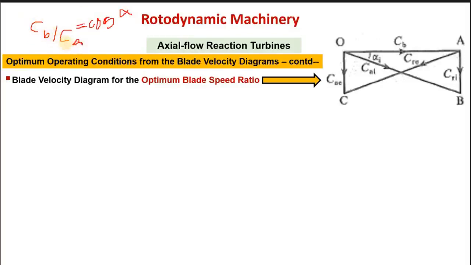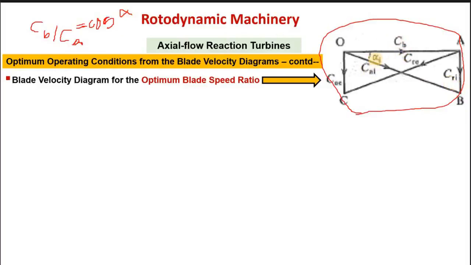So in this case, CB and CAI are very close to each other in case of 50% reaction turbine. So for this optimum operating condition, your velocity diagram would look like this. And what you notice here is that the CRI becomes almost exactly vertical, because CB is almost equal to CAI. If alpha is equal to 0, then CB will be exactly equal to CAI, but we know alpha is not equal to 0.